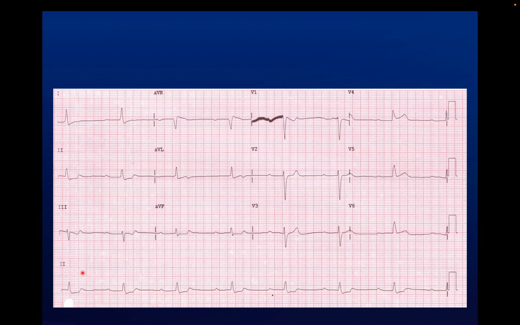This is atrial fibrillation with a slow, regular ventricular rate suggestive of AV nodal disease in the presence of atrial fibrillation, definitely needing a pacemaker. Now, the same patient presenting with shortness of breath 1 day post procedure and this ECG.